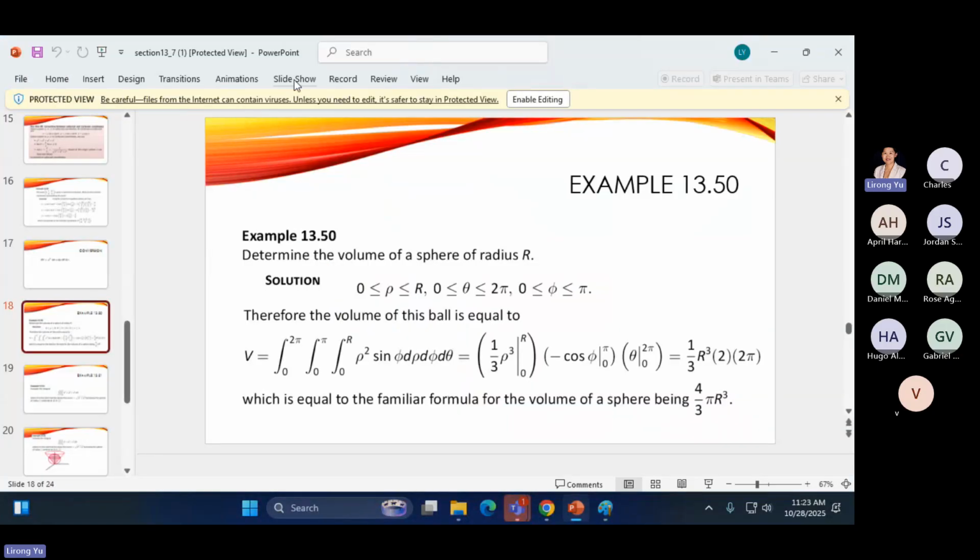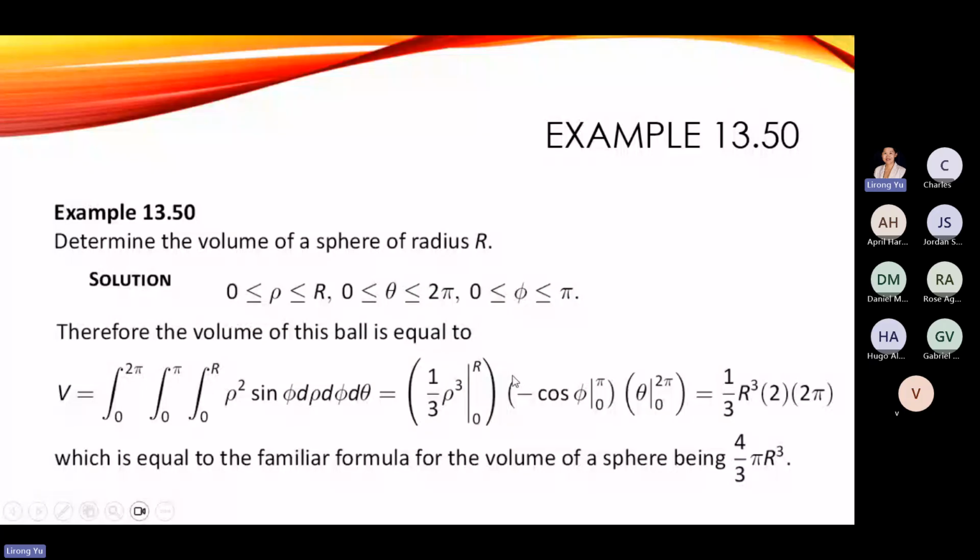In this example, phi goes from 0 to pi. The minimum value for phi is 0, and the maximum is at pi. So the antiderivative is negative cosine phi. We put in 0 and pi to get that calculation, which gives us 2. Unlike earlier, where it was 1 actually.